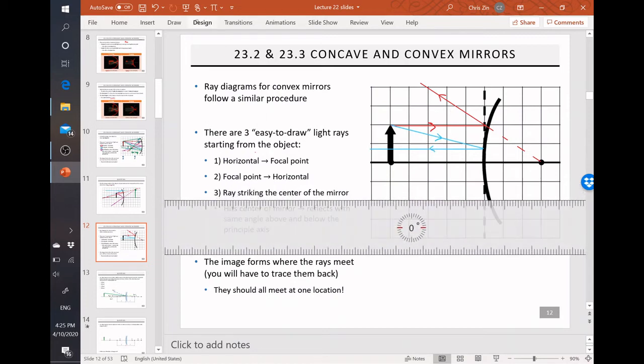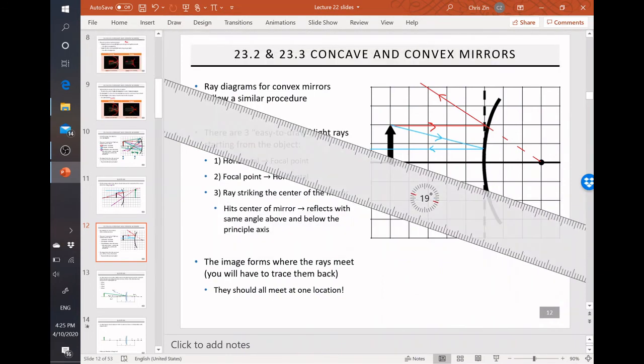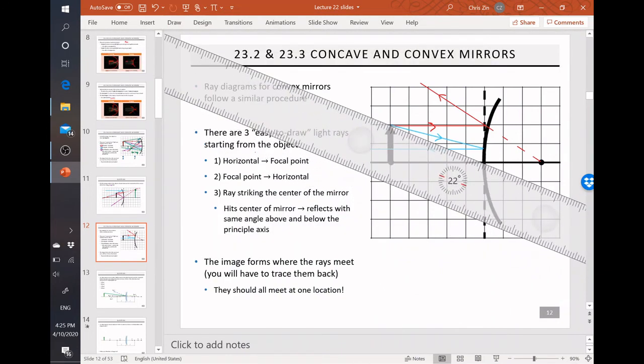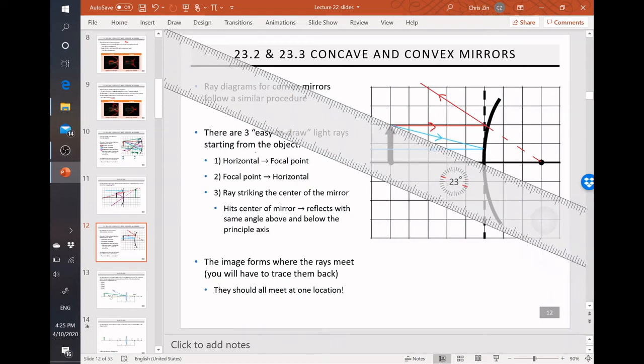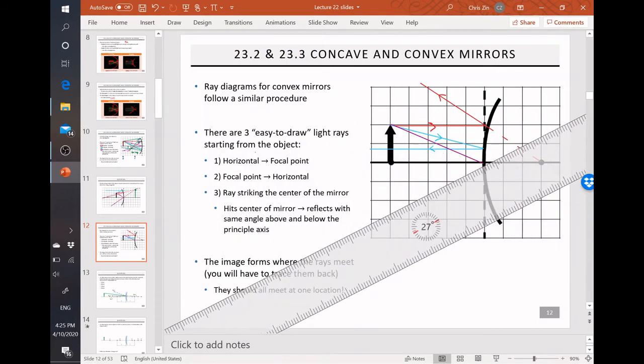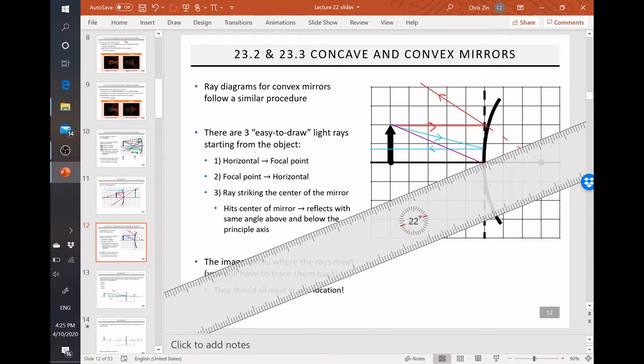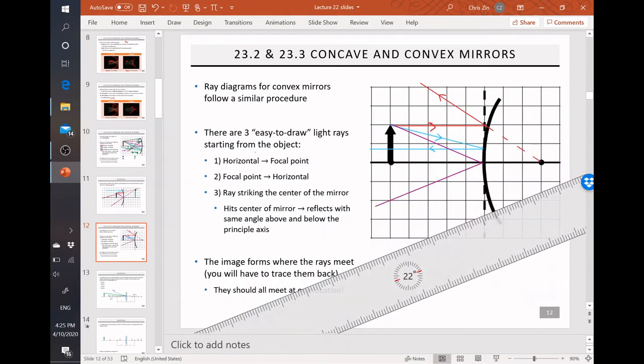And then the third ray is the one that still bounces off the center of the mirror. It bounces off the center, and then it reflects at the same angle that it bounced in at. And the third ray looks like that.